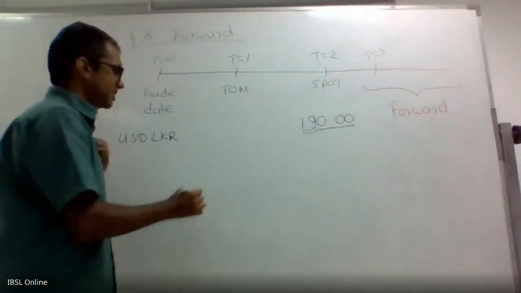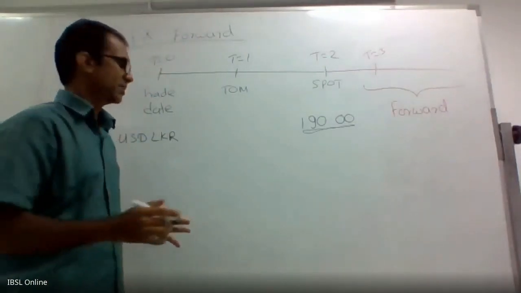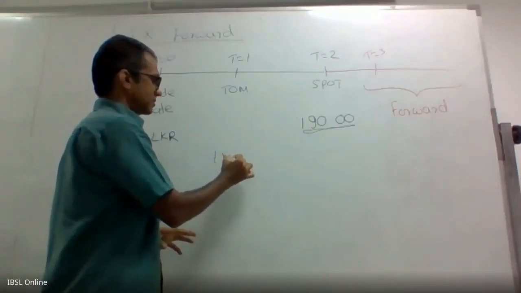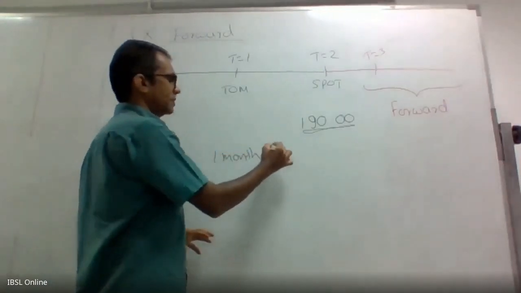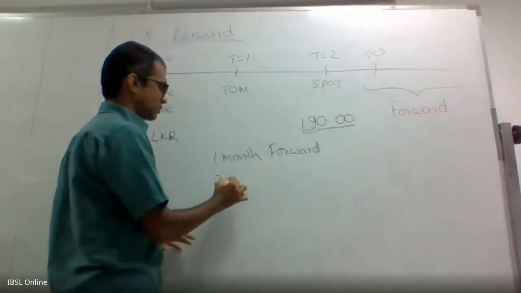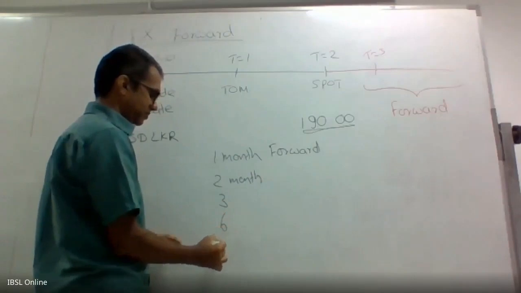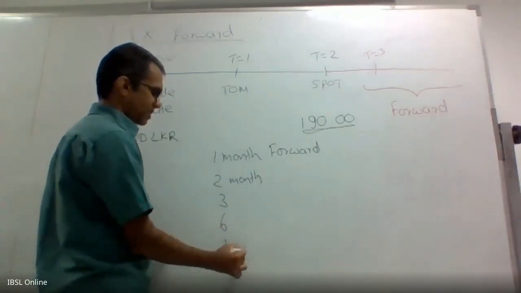In forwards, there are some standard settlement dates, say 1 month forward, 2 months, 3 months, 6 months, and 1 year.